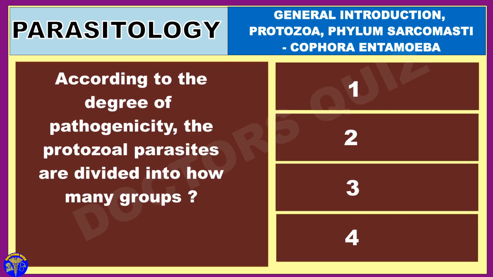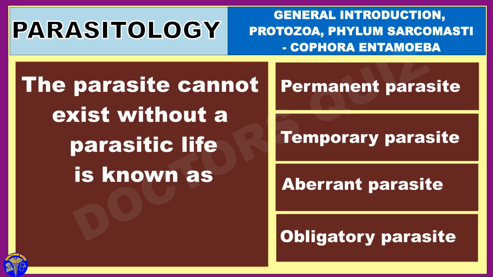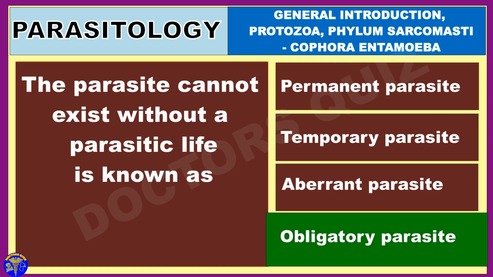According to the degree of pathogenicity, the protozoal parasites are divided into how many groups? 2 groups. The parasite cannot exist without a parasitic life is known as obligatory parasite.